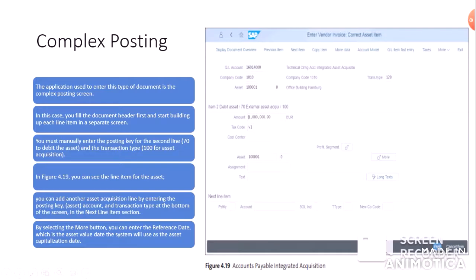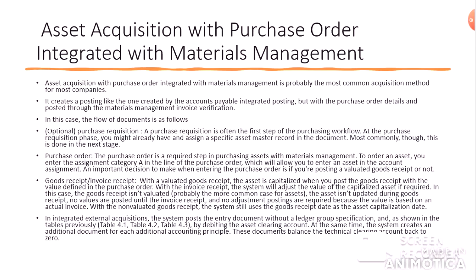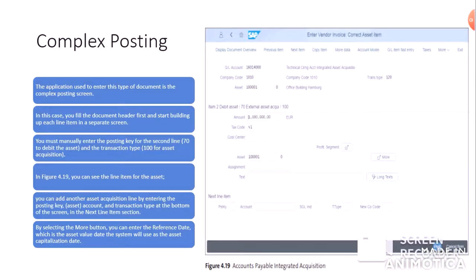By selecting the more button, you can enter the reference date, which is the asset value date the system will use as the asset capitalization date. This is how we enter the vendor invoice without purchase order.